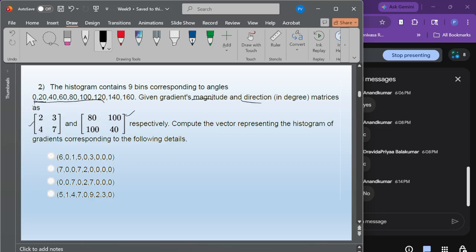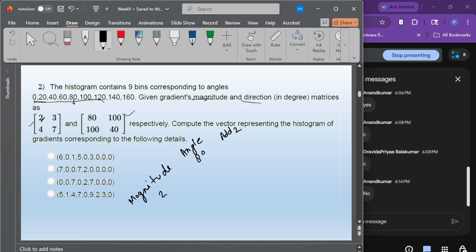Here the magnitude is 2, right? In the first matrix the magnitude is 2 and the angle is 80, so it falls exactly on 80, and we need to add 2 at that location.